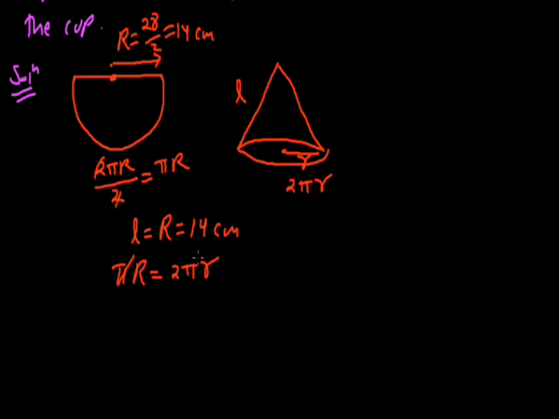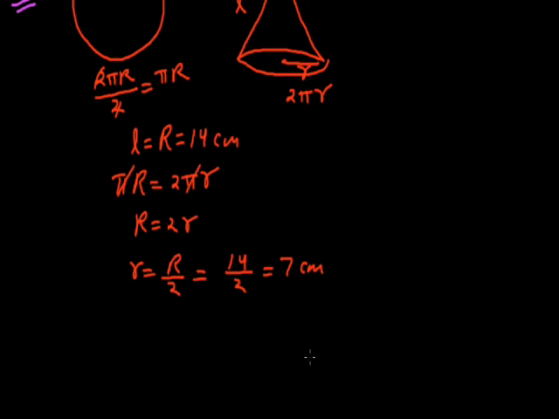So pi and pi get cancelled. So capital R is equal to 2 times small r. So small r is equal to capital R divided by 2, that is 14 divided by 2, that is equal to 7 centimeter. So the cone has radius 7 centimeter and the slant height is equal to 14 centimeter.